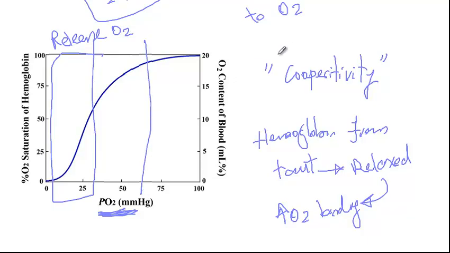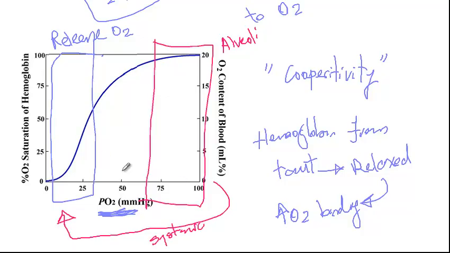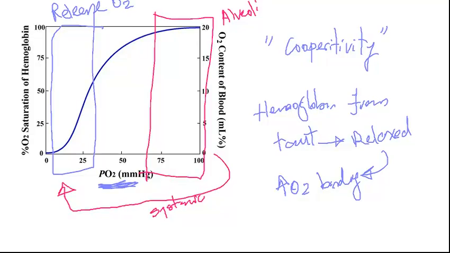On the other hand, if we are inside tissues that have high oxygen contents, like for instance inside the alveoli of the lungs, then the hemoglobin likes to bind to the oxygen and hold on to it until it goes back via the systemic circulation into tissues that require oxygen, and under those circumstances it will release oxygen.